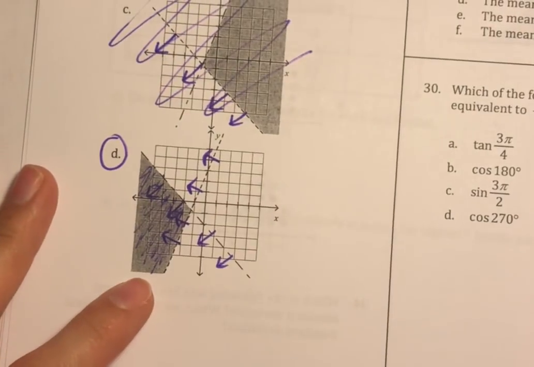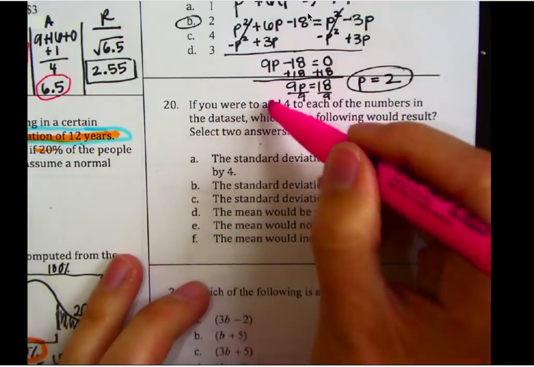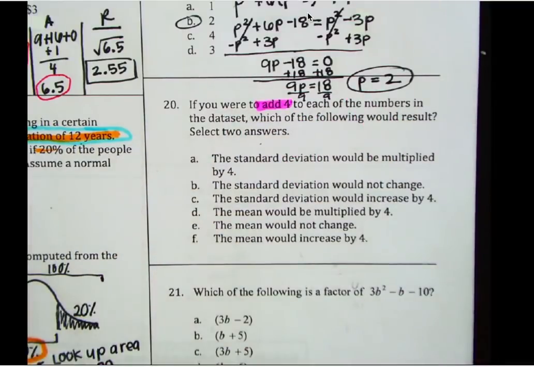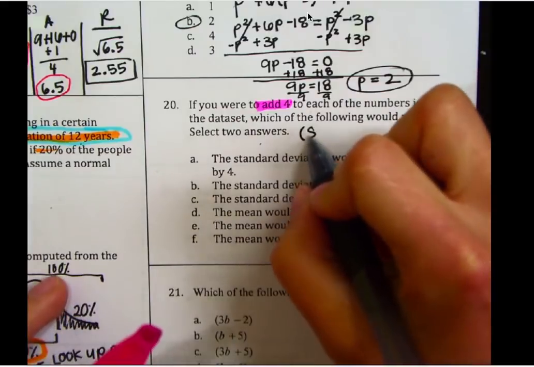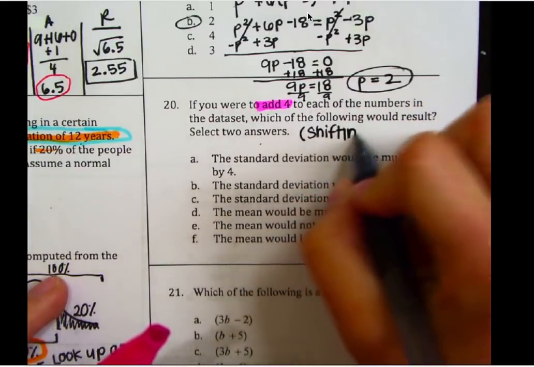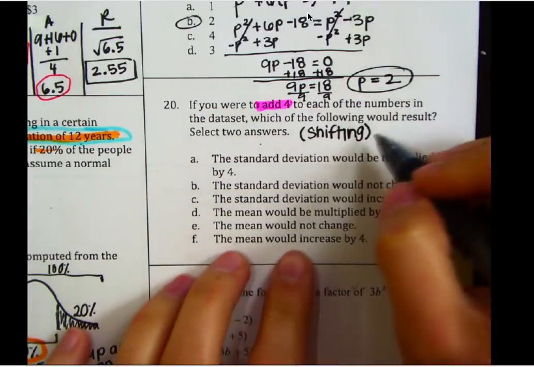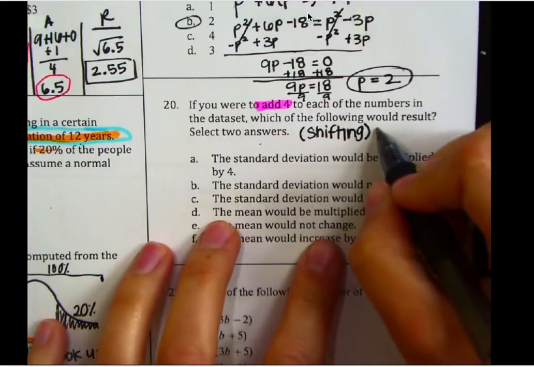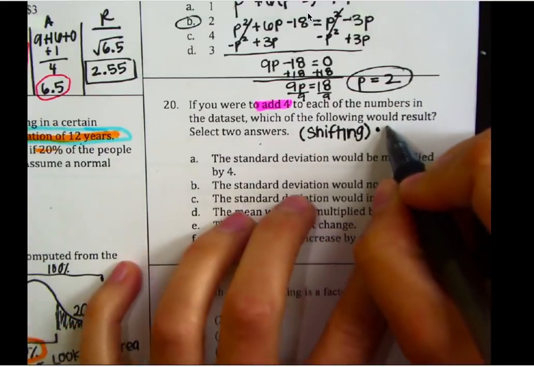Adding 4 to each of your numbers in a data set, which of the following would result? Okay, so remember when you're adding a number to all of your data, it's called shifting. When we are shifting, every single time your measures of center are also going to shift.